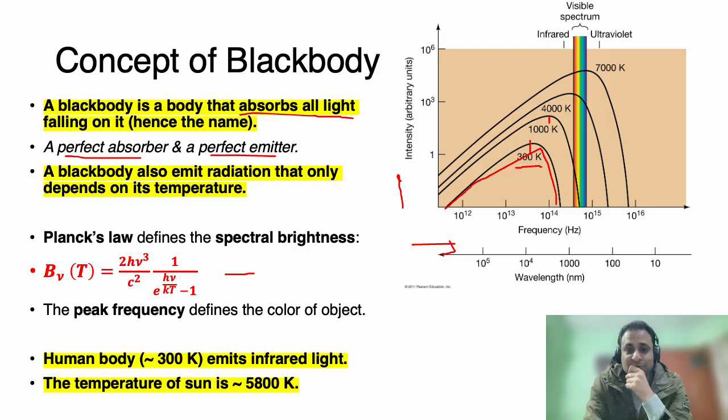Then if you go further, at 4000 Kelvin the temperature becomes like this, and at 7000 it becomes like this. So you see that temperatures from nearly 5000 Kelvin to 7000 Kelvin are such that if a body has a temperature this high, then its light will have a peak in the optical band, in the optical light that we can see.